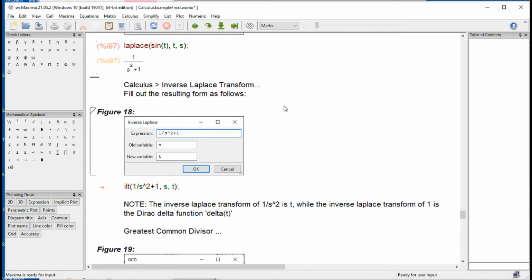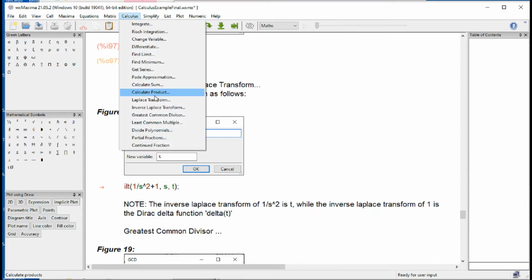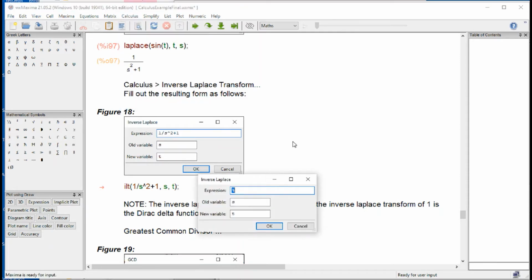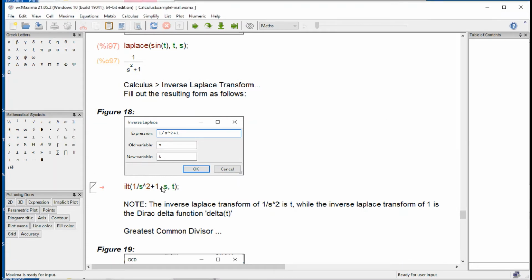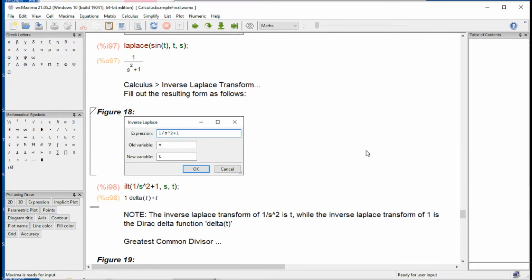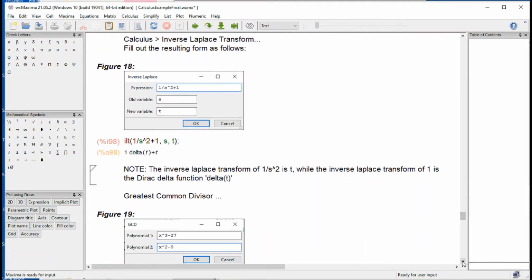The inverse Laplace transform, which is simply go to calculus, inverse Laplace transform, type the expression you want to find the inverse to, the old variable is s, the new variable is t, and you get this ILT, that means inverse Laplace transform. And it says it's equal to 1 times delta of t plus t. This delta is what's called the Dirac delta function, which is a concept used in control and signals and systems.